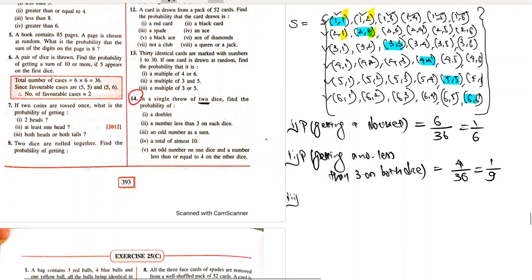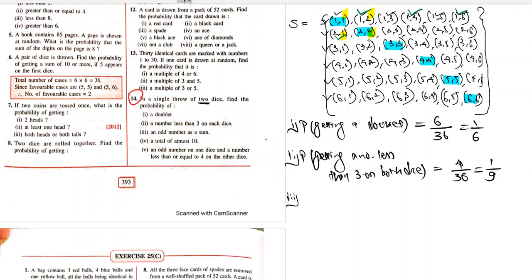Let's find it out. Let's use another color here. Let's use green color. Okay. So we have to find such numbers whose sum is an odd number. Any numbers will do, but the sum should be an odd number. Okay. So we have 1 over here. 1 comma 2, 1 plus 2 is 3. 1 comma 4 and 1 comma 6.